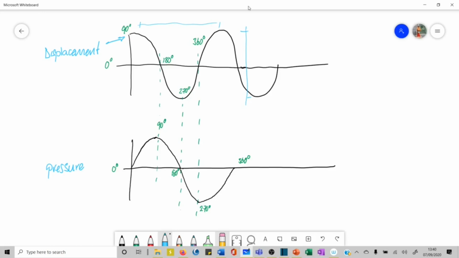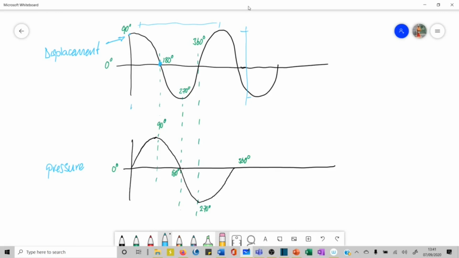So it starts at 90 degrees there, but by the time it starts to go to rarefaction at this point, look what's happening here. The pressure wave is 90 degrees behind it. So when maximum condensation has occurred here, we get to 180 degrees and everything starts to move back into place.